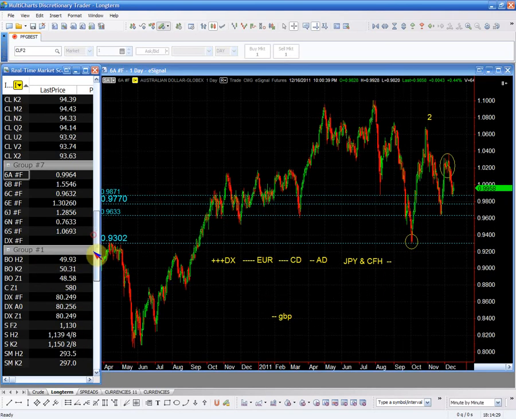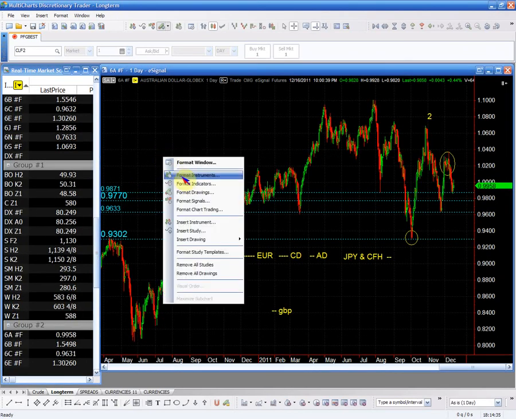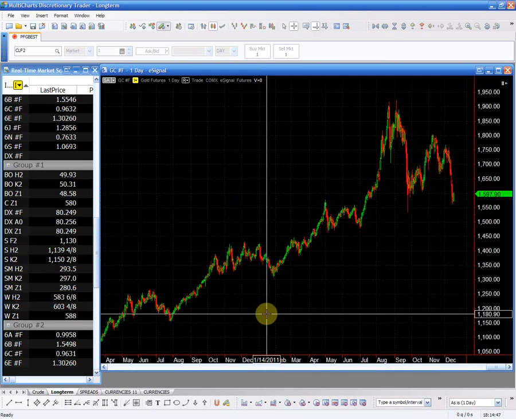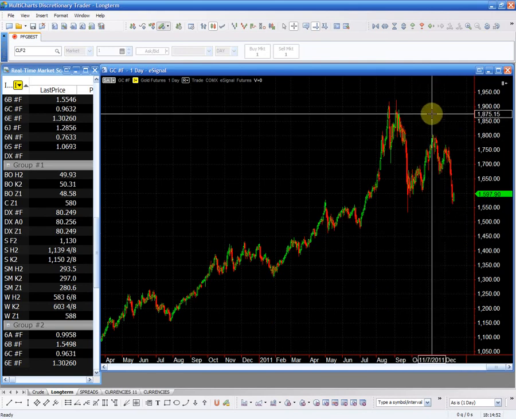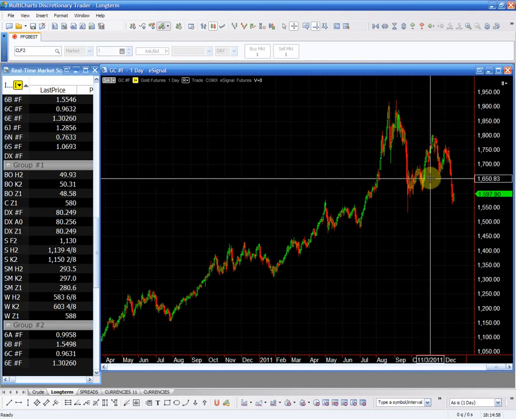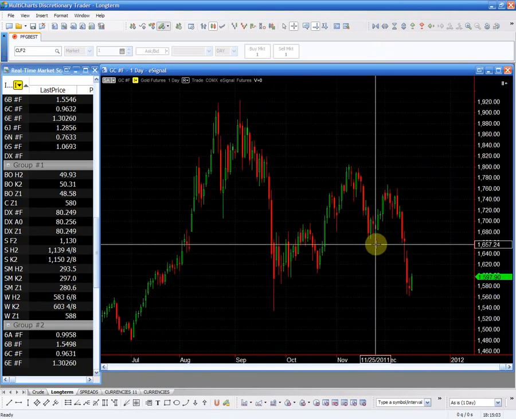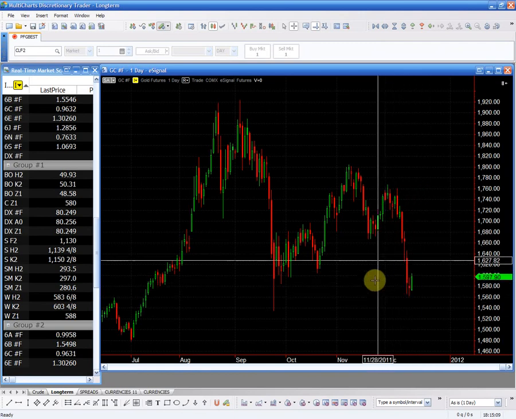Looking at the indices and the commodities, just to get a clear picture of what is going on. If you look at gold, this is a technically weak chart, and we should be looking for gold to continue its weakness. We don't really have any reason to change our mind on gold.